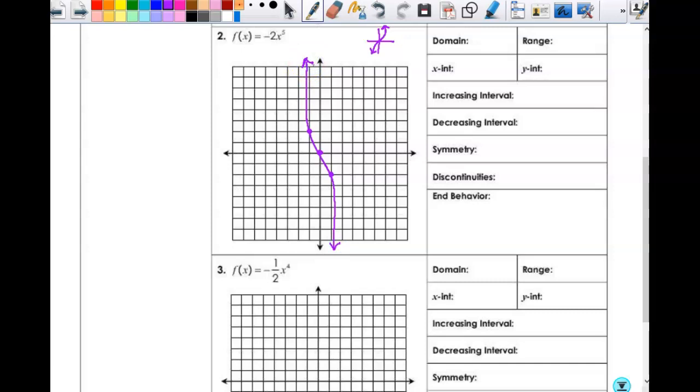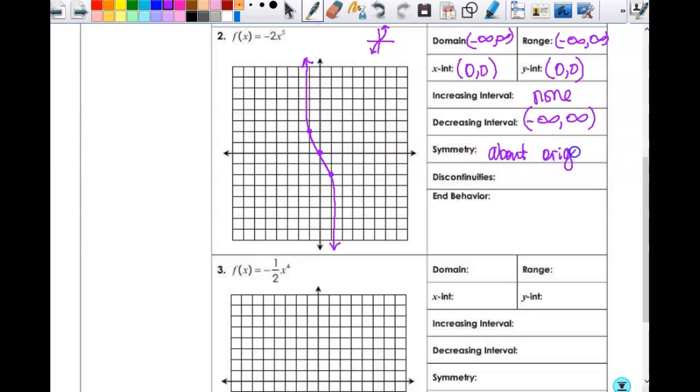All right, so our domain: negative infinity to infinity, right? Range: negative infinity to infinity. What's your x-intercept? 0, 0. Y-intercept? 0, 0. Increasing? None. Decreasing? Good. Negative infinity to infinity. Symmetry about the what?